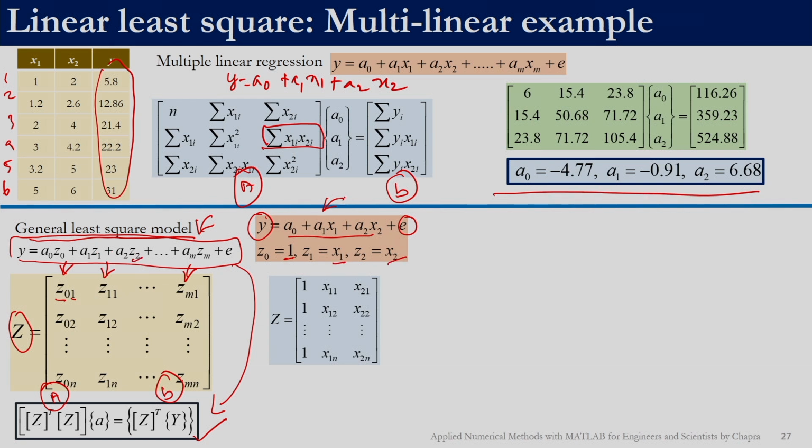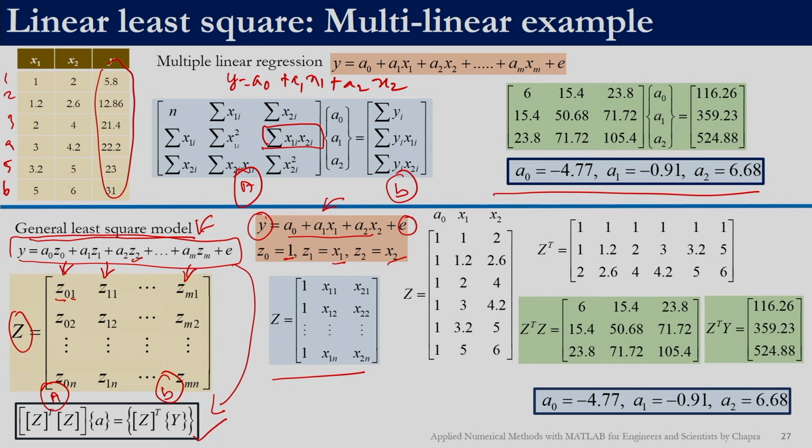So, if we take that, our current problem is a general linear least square model, then our Z matrix is a column of ones, and the x1 variable, all the endpoints stacked, as the second column, and the second variable, all the endpoints stacked, as the third column, right. So, that will be our Z matrix.